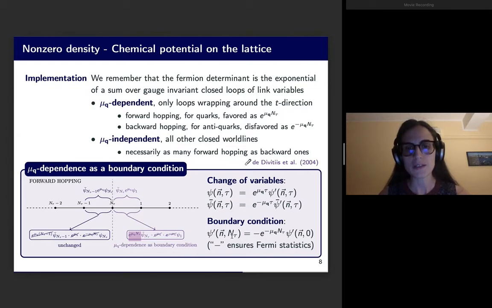And you must make sure you don't forget the minus sign here, because this is what ensures that your fermionic degrees of freedom are statistically behaving as they should according to the Fermi statistics.